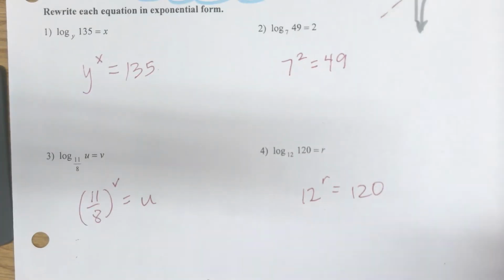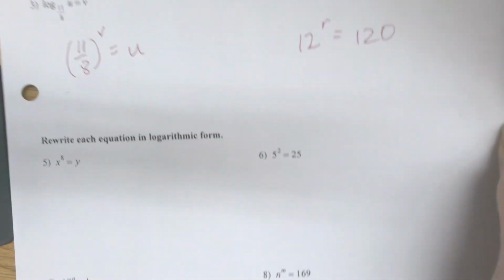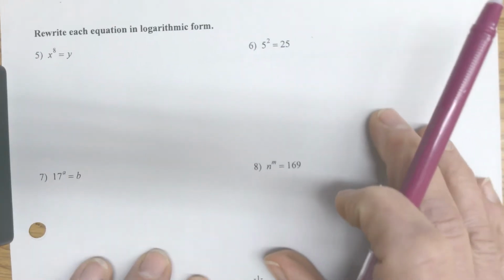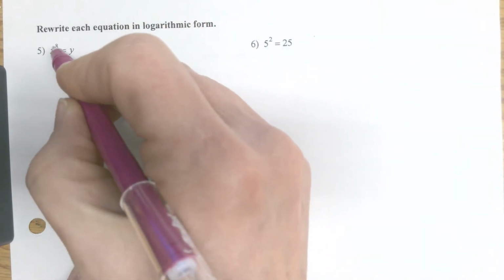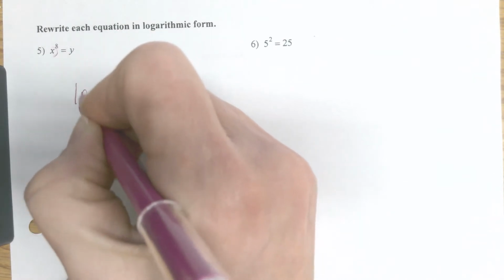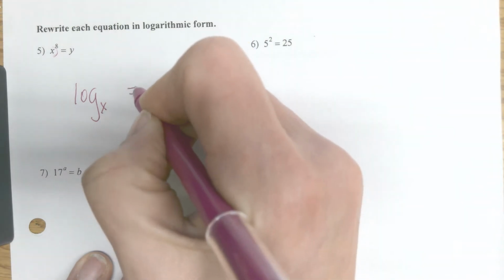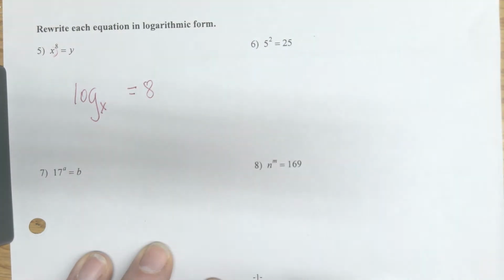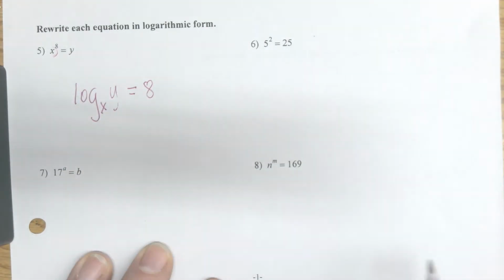Just as we can write from log to exponential, we can also write exponential to log. You just have to remember where the pieces go. The base of the power of the exponential form becomes the base of the log. The power is always the answer. And then the other thing that's left is what I'm taking the log of.